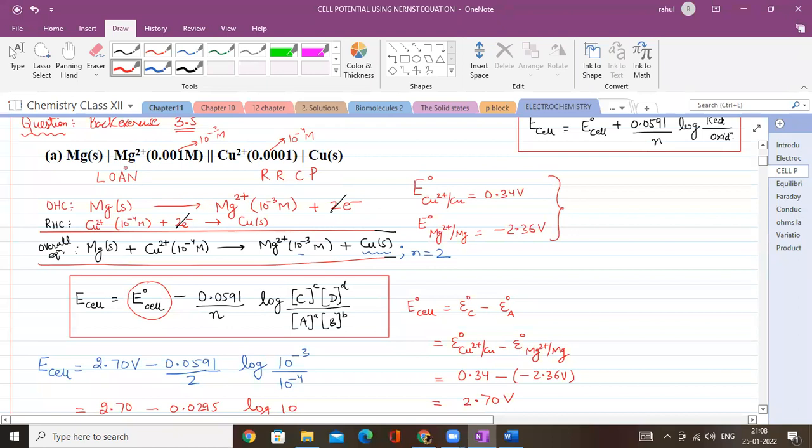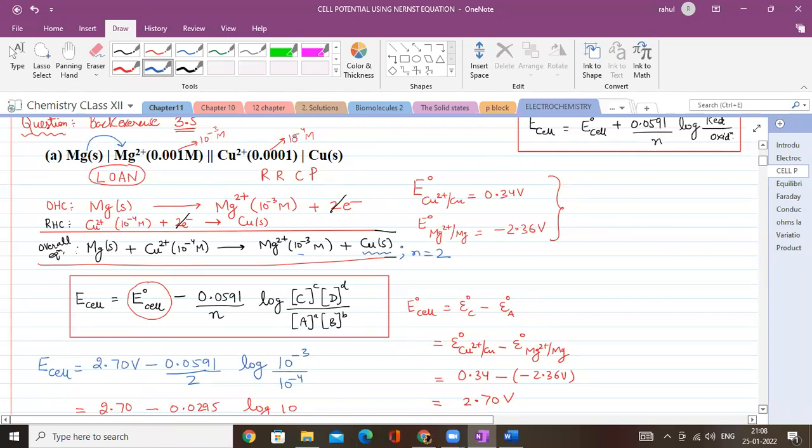I have already given you a shortcut called LOAN. That means left oxidation, anode negative. Anode is negative, and this is PCRR, that is positive cathode right reduction. So if I write down the oxidation half cell, magnesium in solid will give you Mg2 positive, of course that is 10 to the power minus 3 molar, plus 2 electrons.